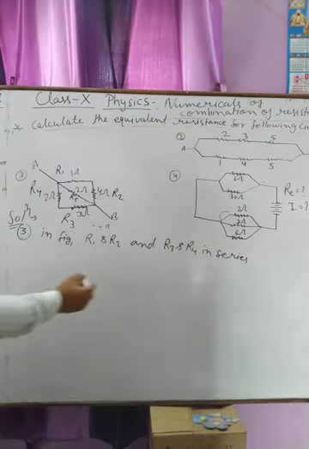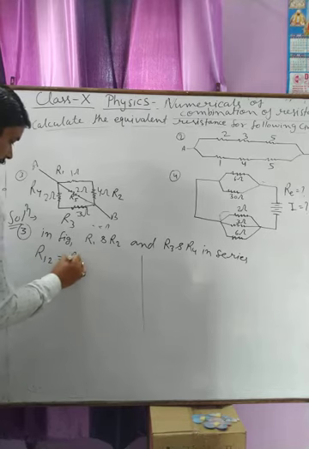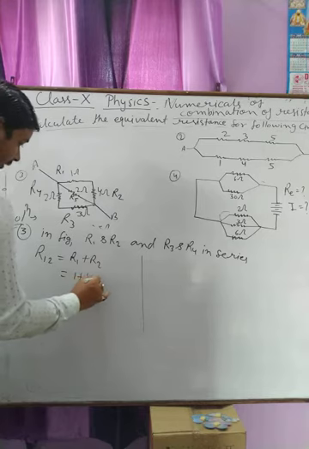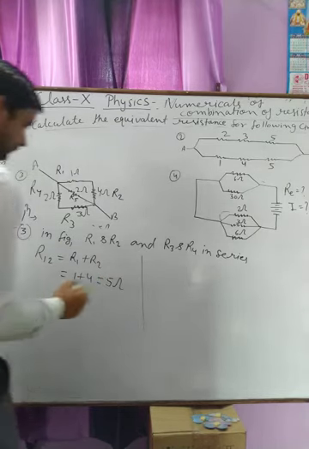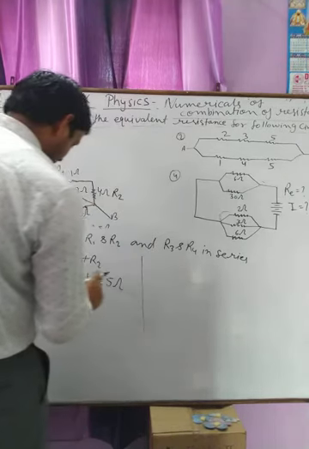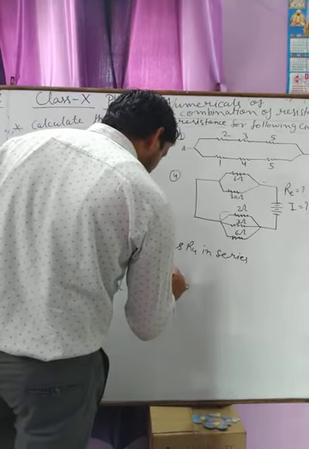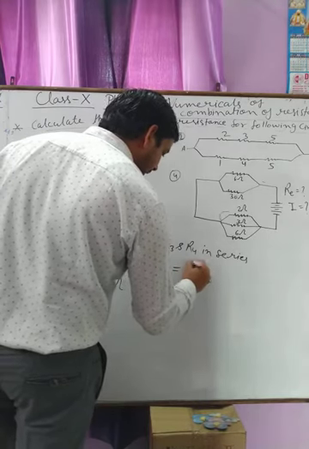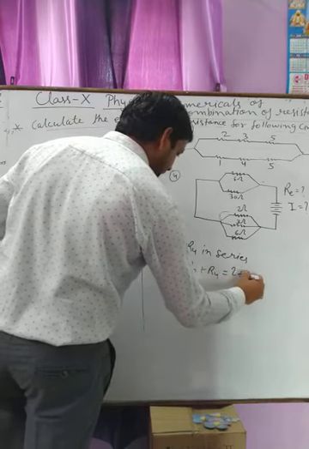Therefore R12 is equal to R1 plus R2, that is 1 plus 4 is 5 ohm, and R34 is equal to R3 plus R4 is equal to 2 plus 3.